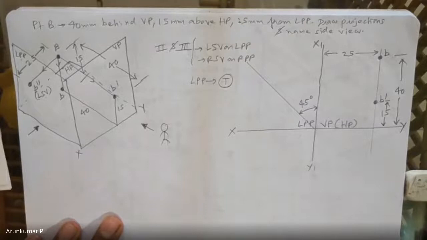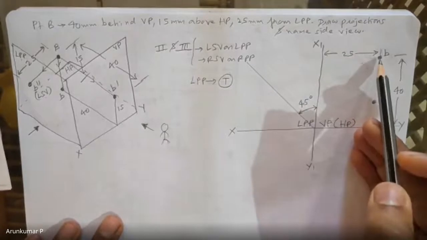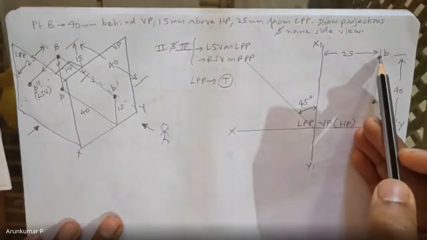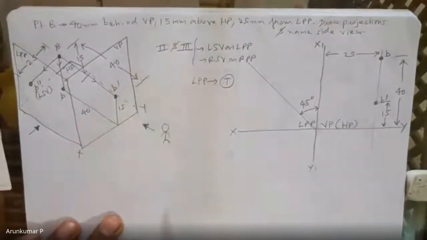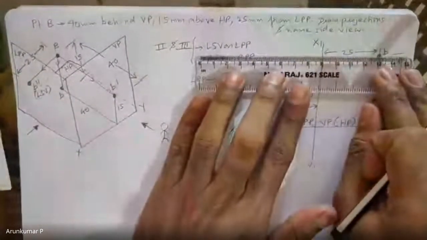Now all that remains is your simple rule, that is, to get the side view you first have to project the top view onto the median line. So let us do that. So project the top view.